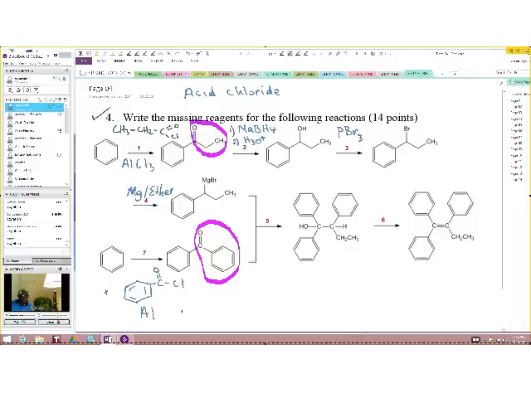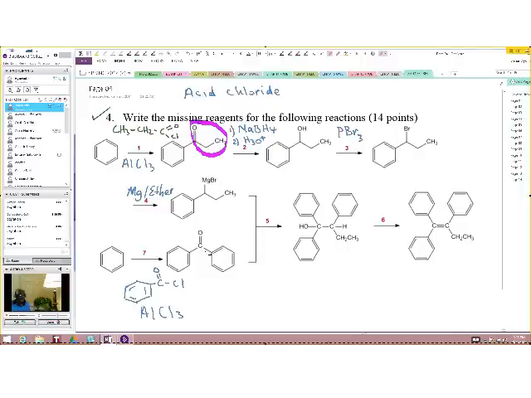This acid chloride plus aluminum chloride will give you this acylation. In other words, you attach this carbon to the carbon of the benzene to get your product.